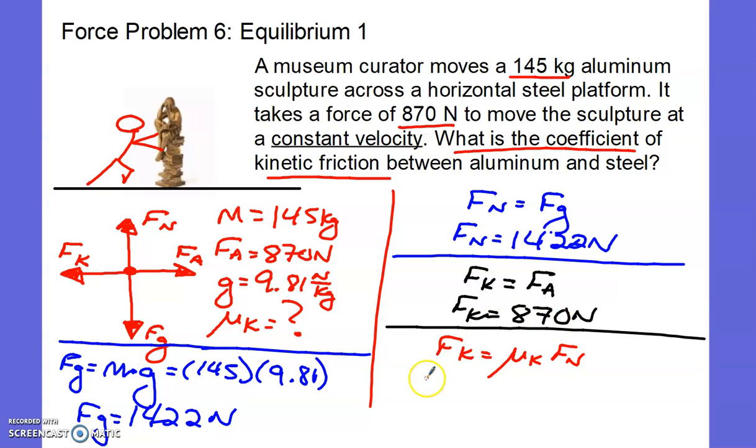So 870 newtons is equal to our unknown coefficient times our normal force, which is 1,422. We divide each side by 1,422, and we get that our coefficient is 0.61.